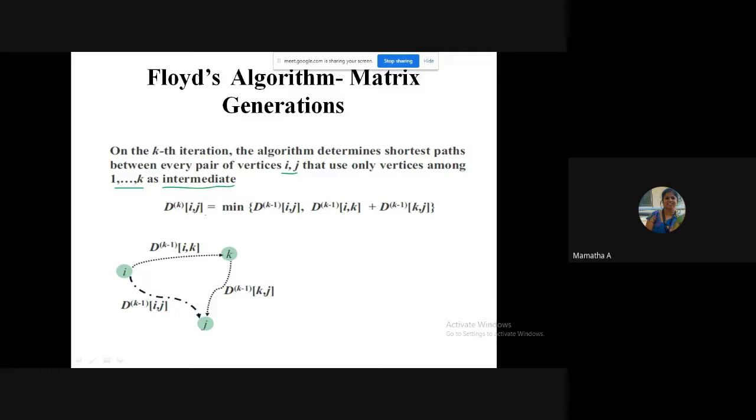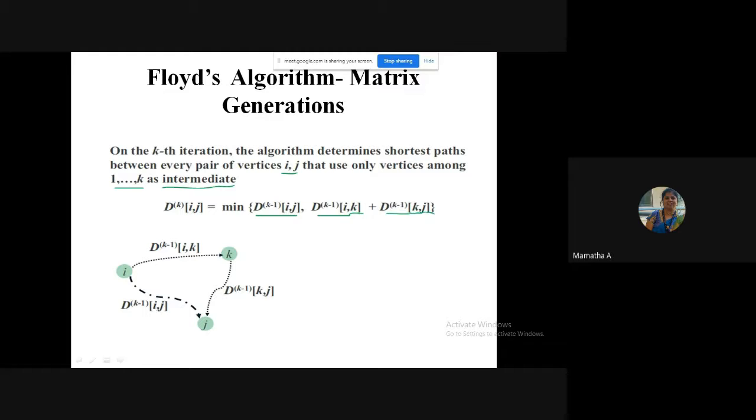So what is that equation, or the relation that I find out to compute the intermediate matrices? Something like this. D k of i comma j is equal to, so there is no and or, just observe: min of D k minus 1 of i comma j, comma, D k minus 1 of i comma k plus D k minus 1 of k comma j.